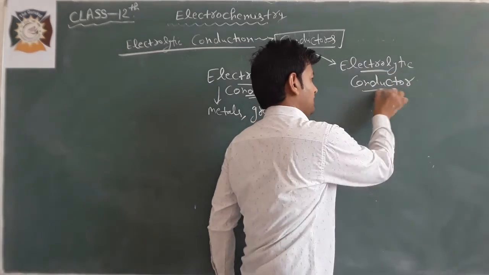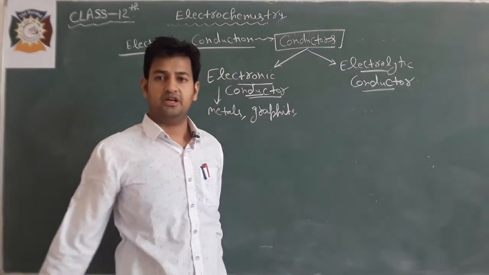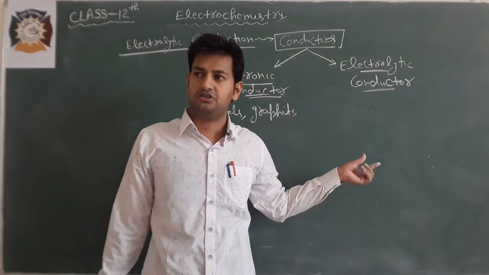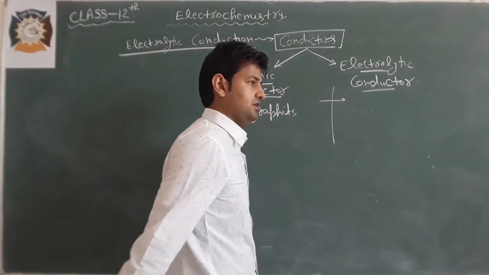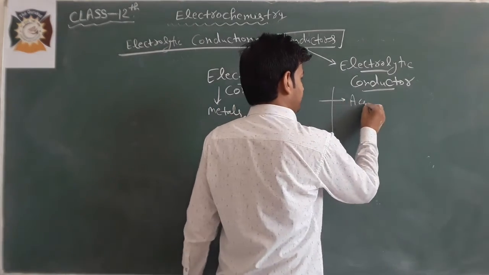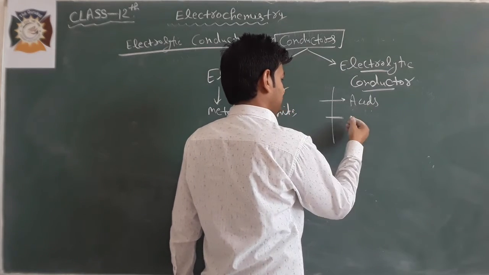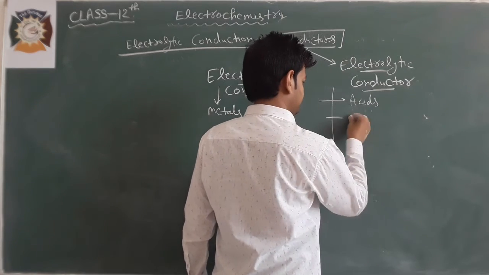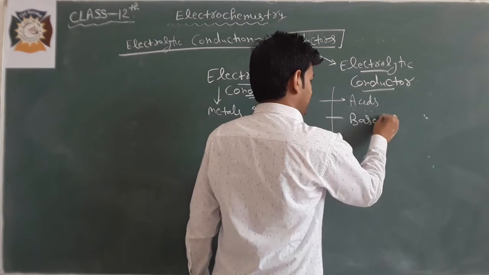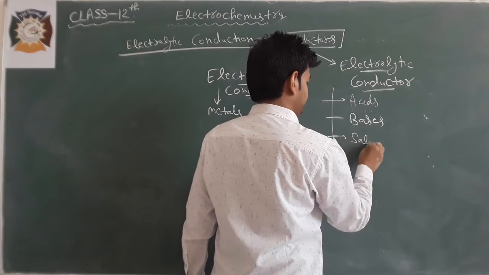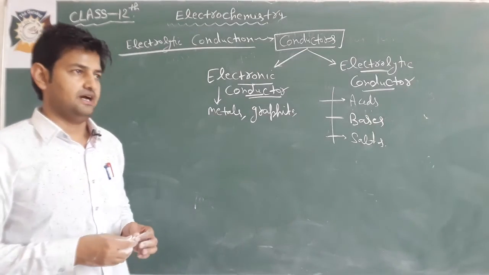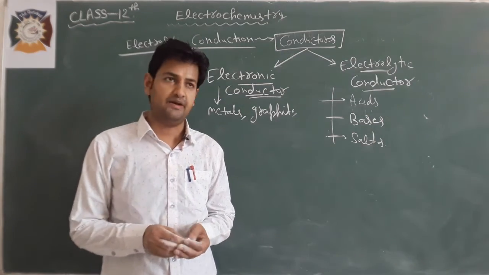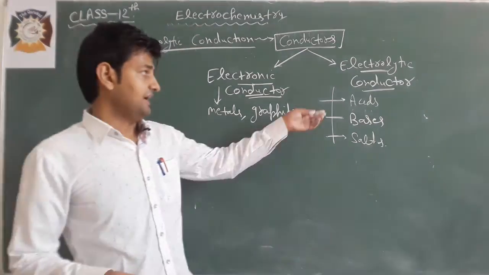Electrolytic conductors are those conductors which undergo decomposition when current is passed through them. Examples of electrolytic conductors are acids, bases and salts, which decompose on passing the electric current through the electrolyte.